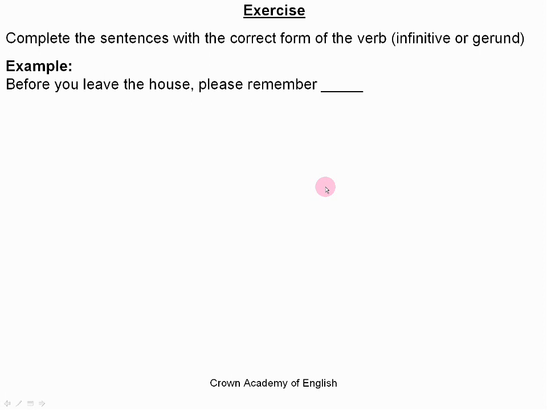Before you leave the house, please remember the cat. So I want you to put the verb feed in the correct form, either the infinitive or the gerund. So I'll give you a few seconds. Well, the answer is, before you leave the house, please remember to feed the cat. It is the infinitive.